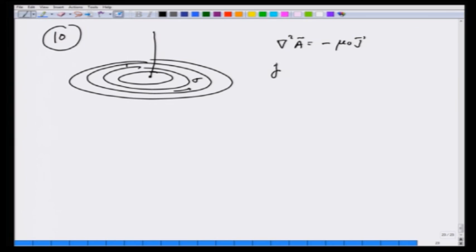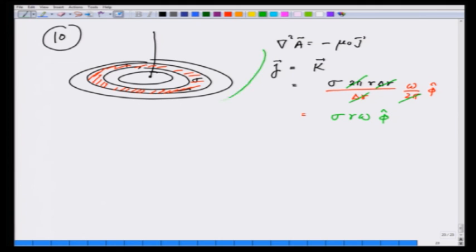In this case, we have already figured out j is going to be only the surface current k, which is nothing but sigma 2 pi r delta r, which is the current being carried by this ring at distance r from the center, divided by delta r times omega over 2 pi. j is in the phi direction, or k, which is in the phi direction. So, this 2 pi cancels, delta r cancels, you get sigma r omega in phi direction.